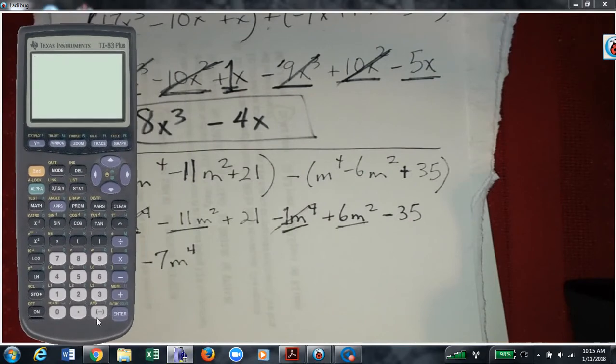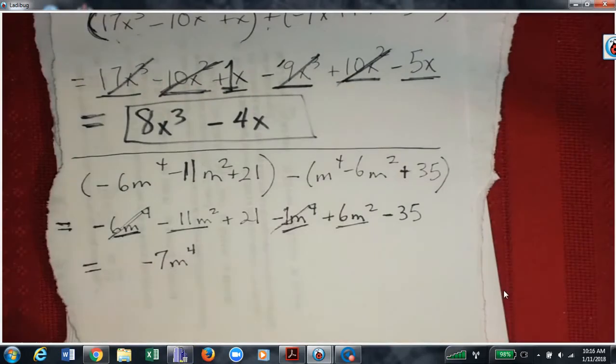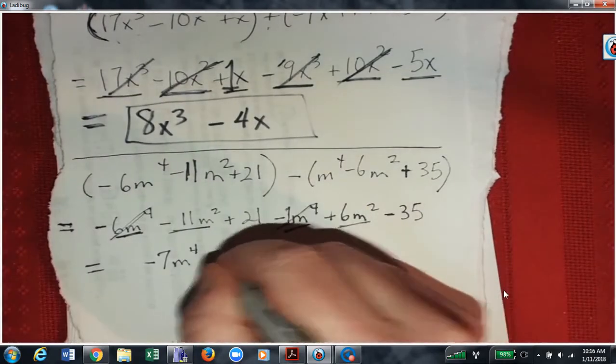We use this key right down at the bottom for the negative symbol. So negative 11 and then plus 6, and the answer is negative 5. So negative 11m squared plus 6m squared, well, negative 11 plus 6 is negative 5, and the m squared is going to come along for the ride.